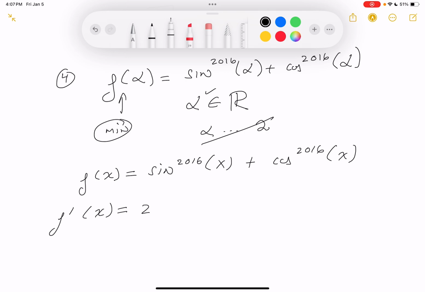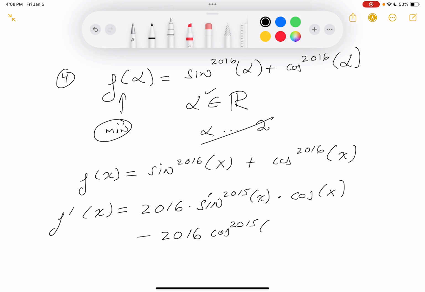So what do you get? 2016 times the sine 2015x times the cosine, using the chain rule, of x, minus 2016 cosine 2015x. And the reason I put the minus down is because the derivative of cosine is minus sine. That's why I did that.